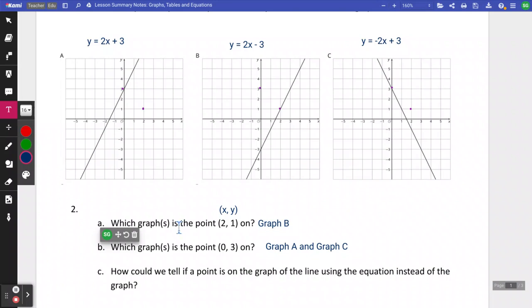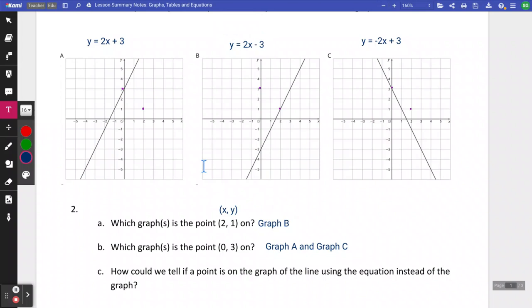So notice when I was doing parts A and B, I was only using this graph. I wasn't paying attention at all to these equations. What if we only had the equation and not a graph? Could I figure out if this point was on, we figured out it was on graph B. How could I figure out this point was on graph B using this equation instead?